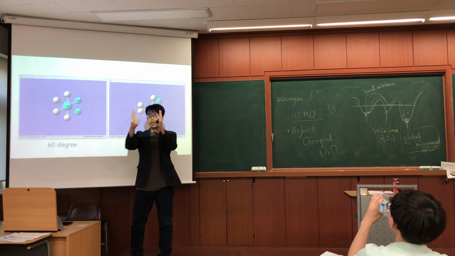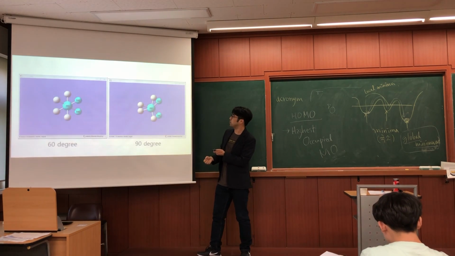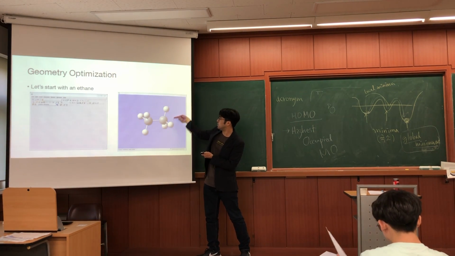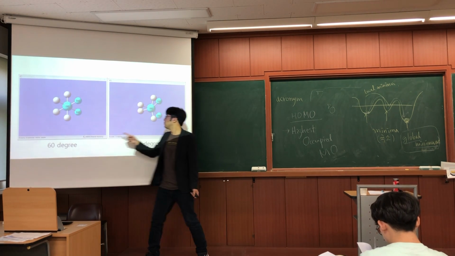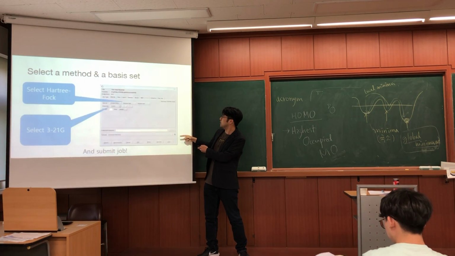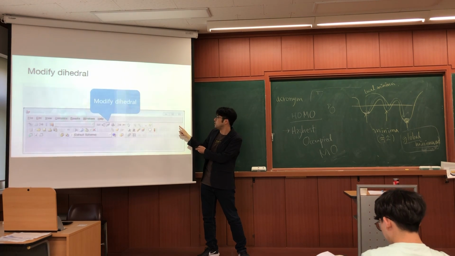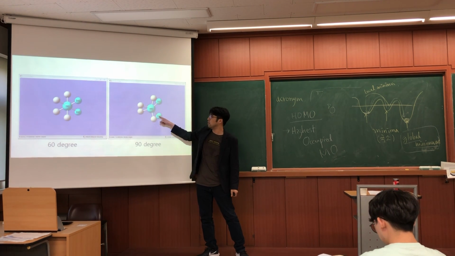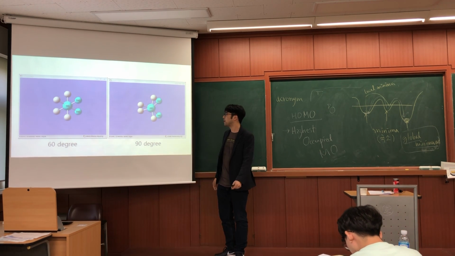Then if we look at the ethane from the front, it will look like this, right? But if we set this dihedral angle as 90 degrees, then it will look like this from the front, right?